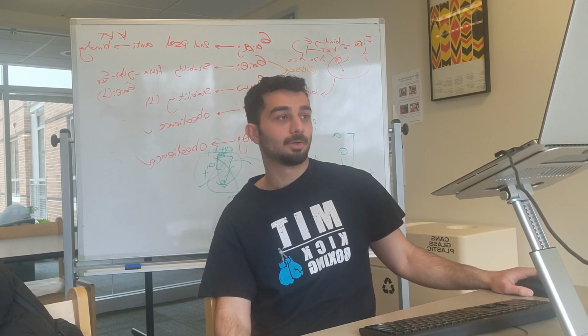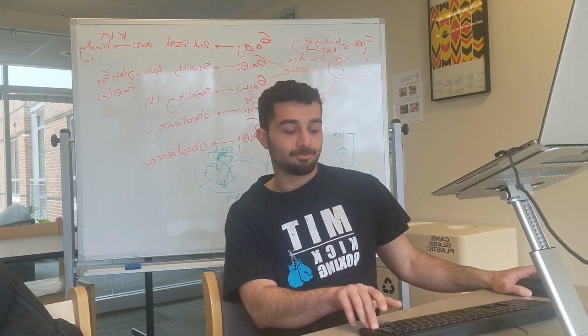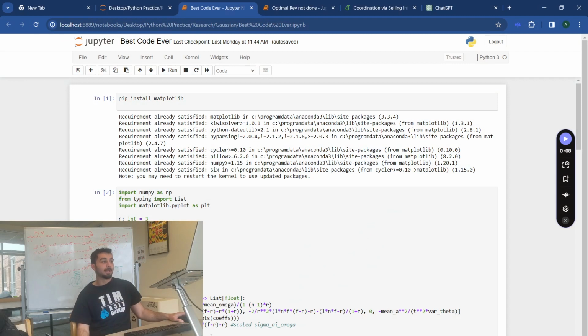So let's look at the code and see if we find anything problematic. We define an upper bound, and then we have nf. Let's try other values for ns, mean theta, mean omega, all of this stuff, we can play with them.